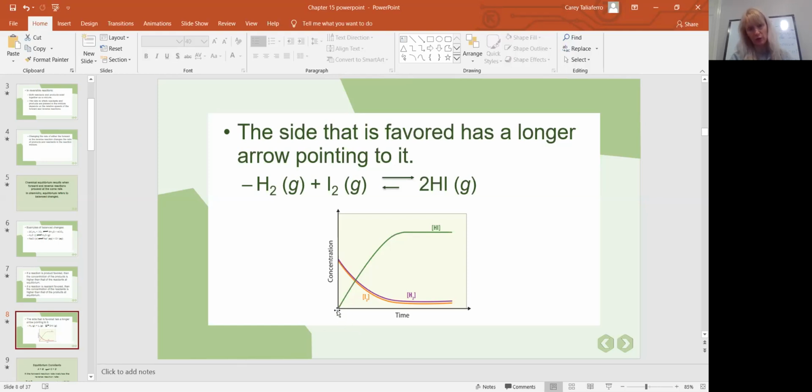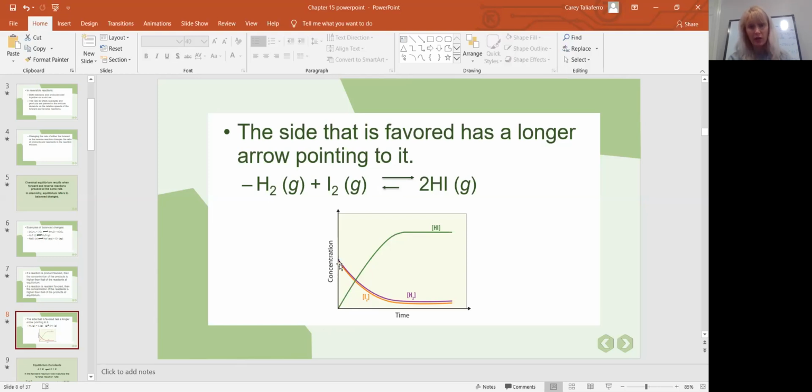So the way this works is over time, you have approximately equal amounts of your two reactants and no product has been made. So the concentration at time 0 of your product is also 0. And then you have the amount of your reactants.